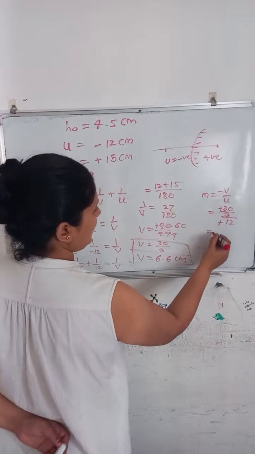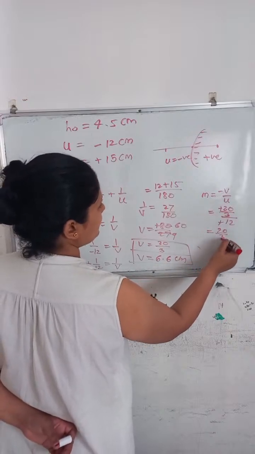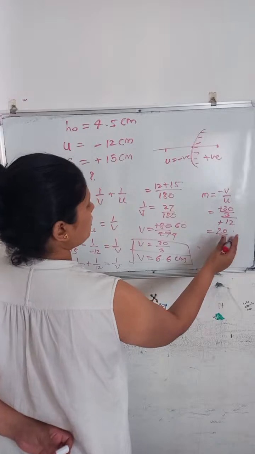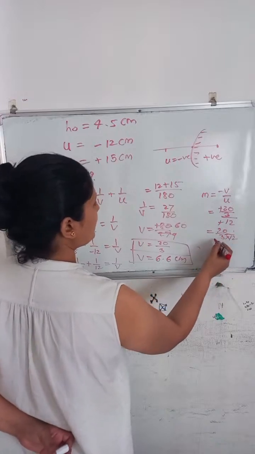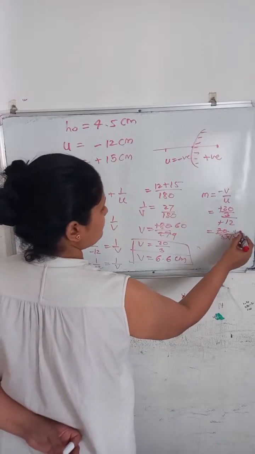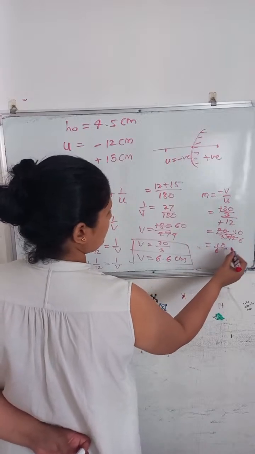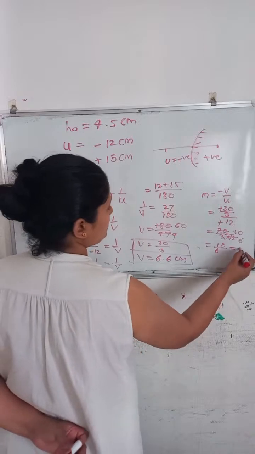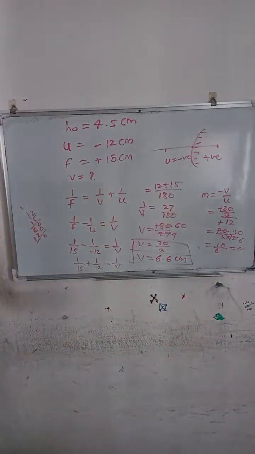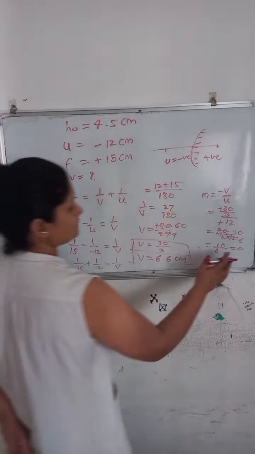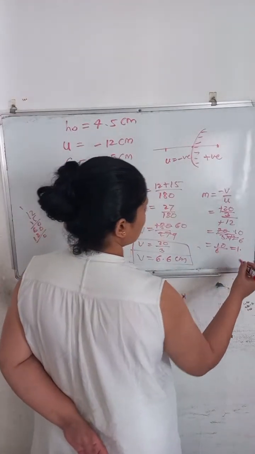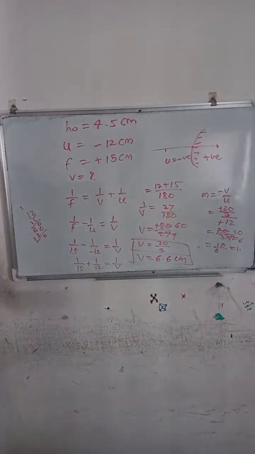Minus minus get cancelled. So 20 by 3 into 12. Okay.